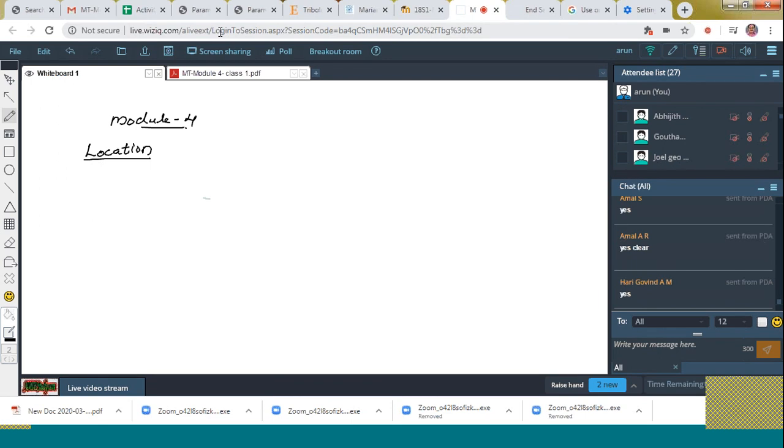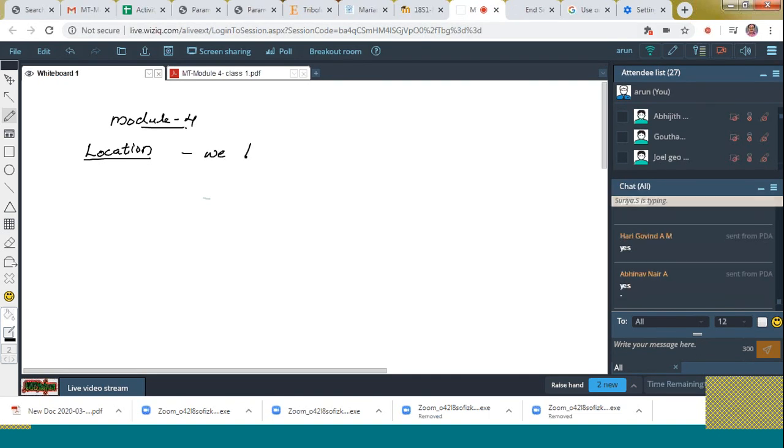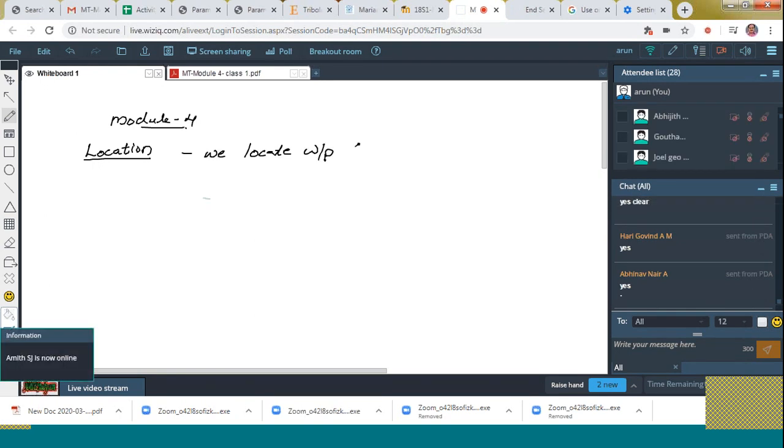For what purpose do we locate the workpiece while machining? Any idea? Why do we locate the workpiece during the machining process? If you didn't perform that properly, what will happen?